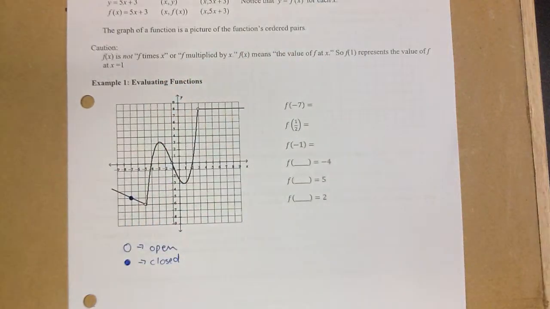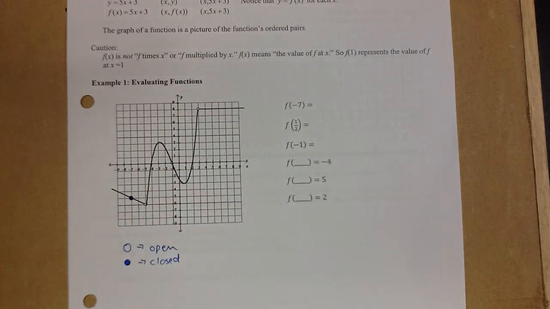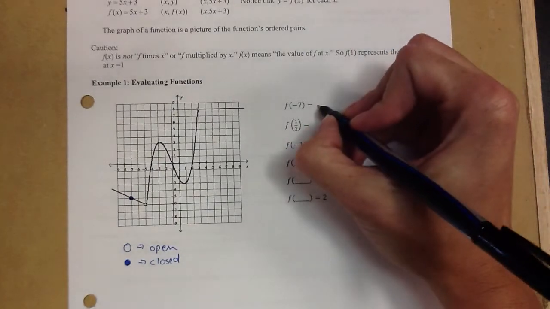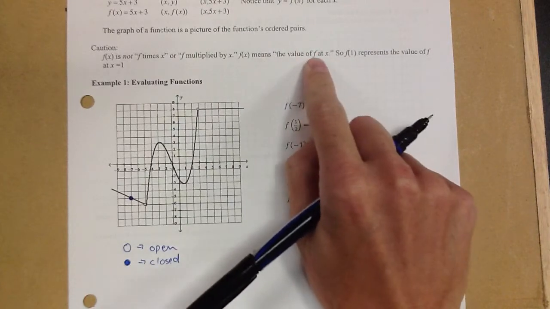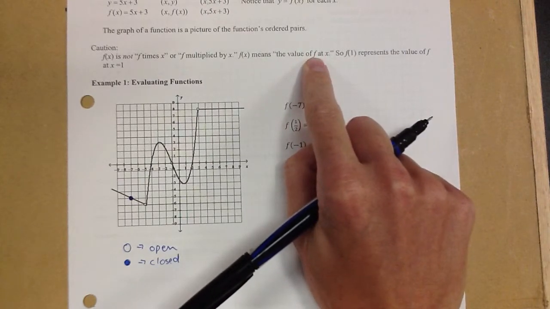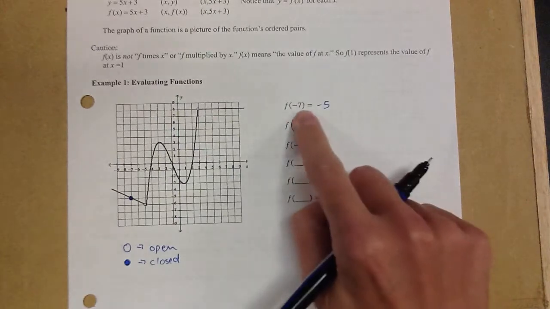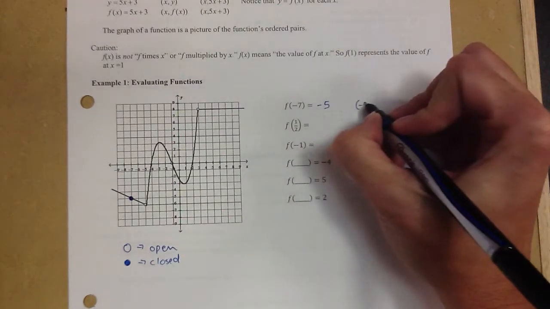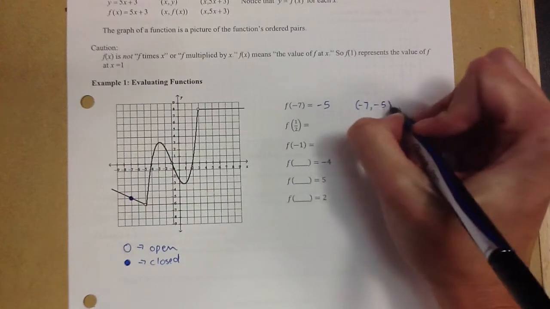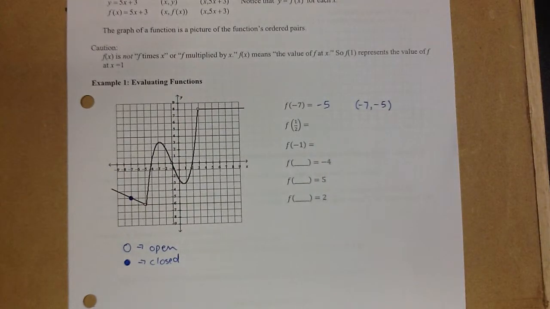Okay? So f of -7 is -5. So the value of f at x, the value of my function at -7, is -5. Okay, so you can write it like that, or you can write -7, -5. It's a point on your graph.